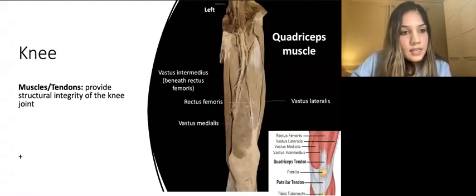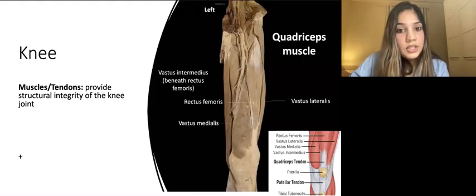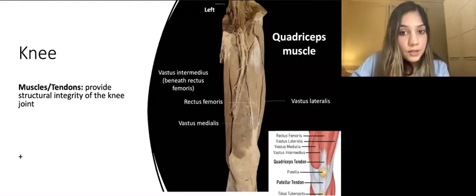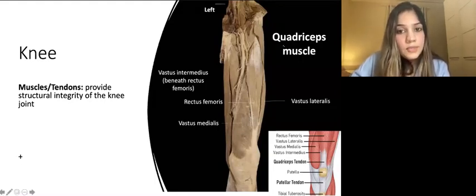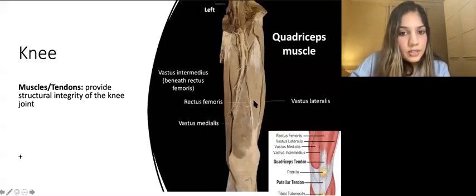The muscles and tendons provide structural integrity of the knee joint, and the main muscle contributing to the knee is the quadriceps. As the name suggests, it's made up of 4 parts: the rectus femoris, the vastus lateralis, the vastus medialis, and the vastus intermedius, which is located beneath the rectus femoris.